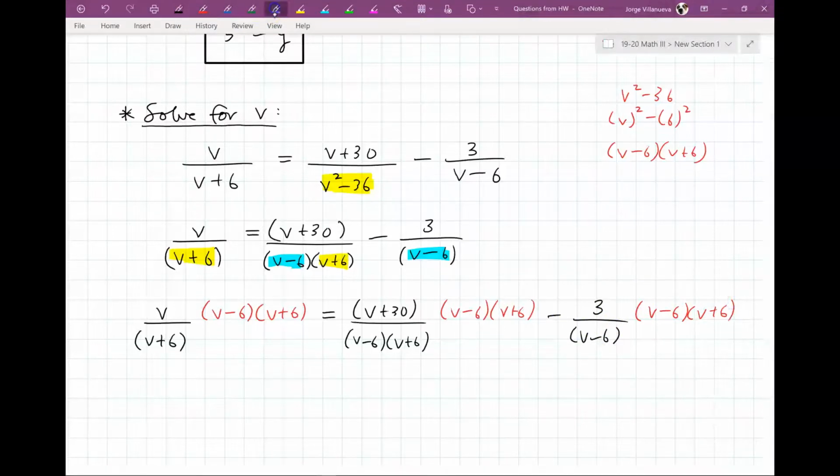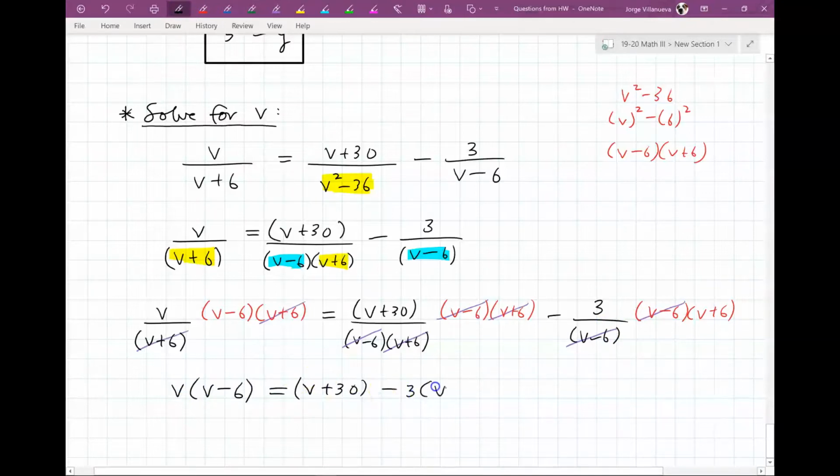Okay, and again, the nice thing about doing that is you can cancel stuff out. So this is what I end up with. V times V minus 6 equals V plus 30 minus 3 times V plus 6.